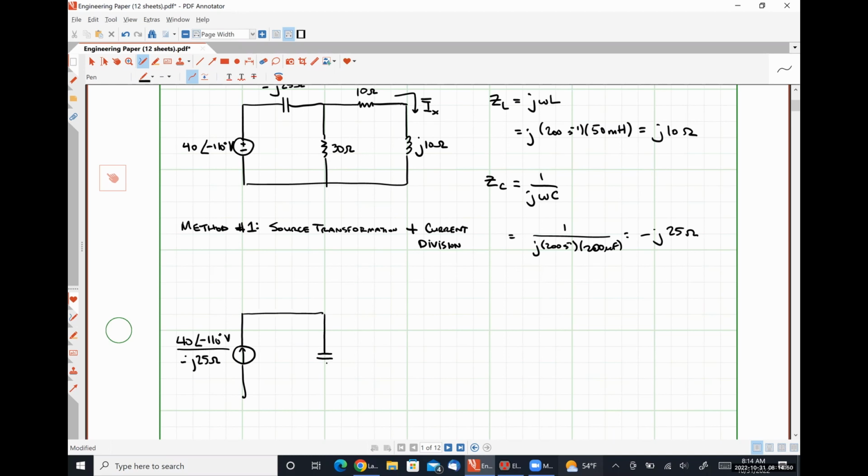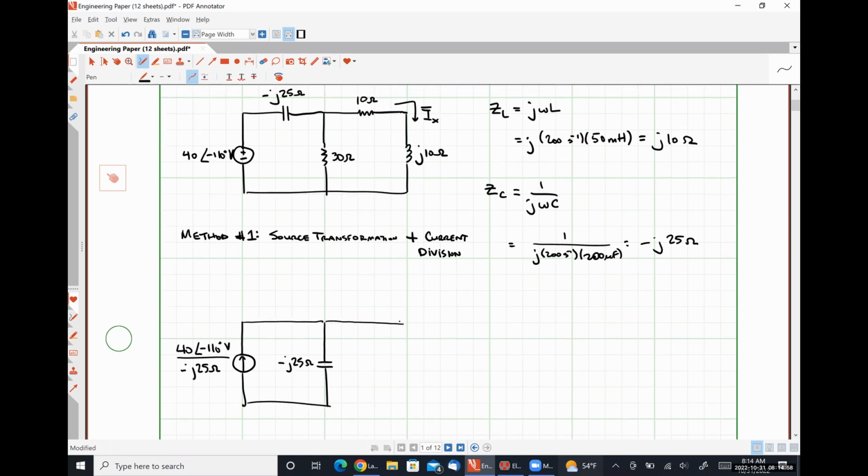Now we put our negative J25 ohm capacitor in parallel. This will be in parallel with our 30 ohm resistor. And then this box over here on the right is representative of a generic circuit element.